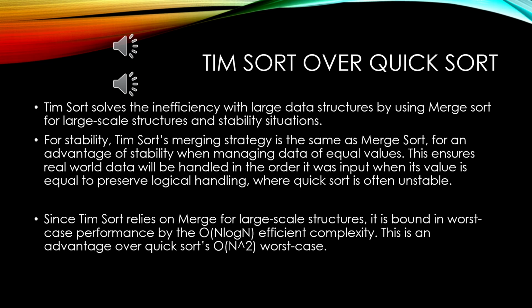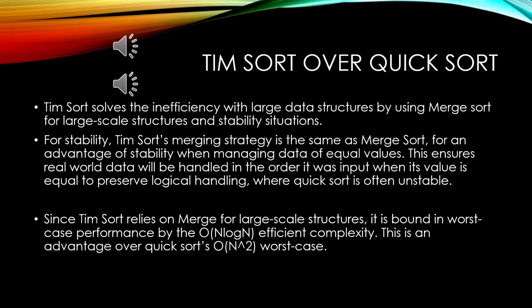TimSort over QuickSort. The comparison with QuickSort is all about reliability and stability. First, stability. QuickSort is inherently unstable, unlike TimSort, which relies on its merge sort strategy to remain stable.